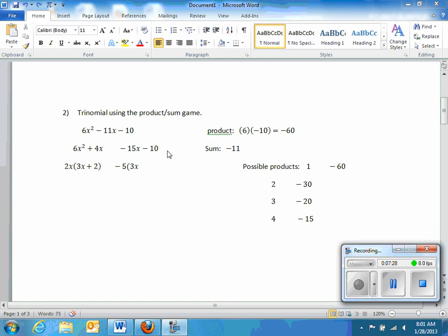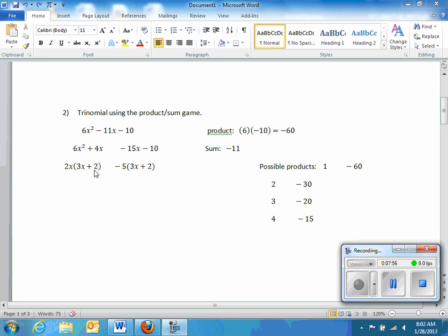If I pull a negative 5 out of a negative 10, negative 10 divided by negative 5 is plus 2. This is good because, remember, this parentheses has to match this parentheses in order to continue. If they don't match, you might have to try to pull out something different, or maybe change the sign. But it's very important that these two match for you to continue.